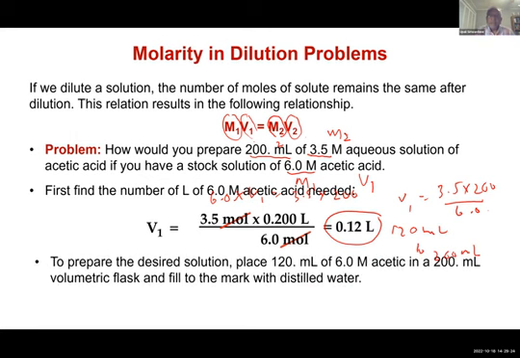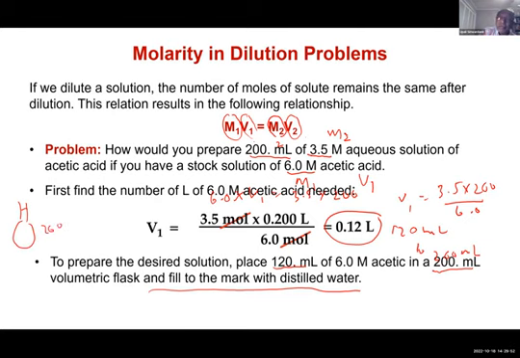To prepare the desired solution, place 120 milliliters of stock solution in a 200 milliliter volumetric flask. Fill the flask up to the mark with distilled water. So this is more precise. You take a flask of 200, because you want to make 200.